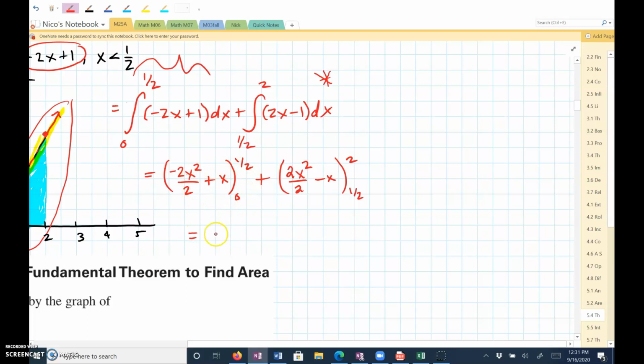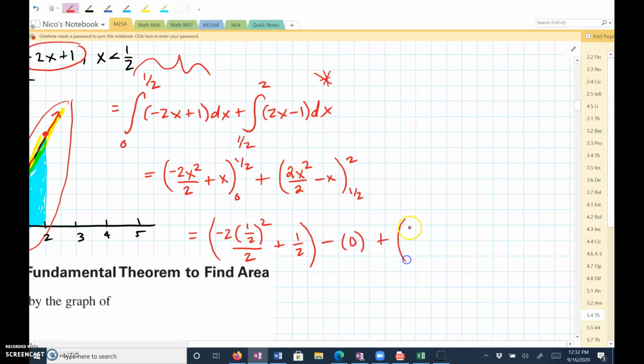So first let's plug in 1/2. So this would be negative 2 times 1/2 squared over 2 plus 1/2 minus, if I put 0 all the way through there, that's just going to be 0, plus, let's plug in the limits of integration.